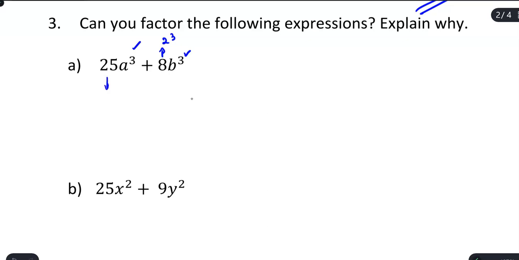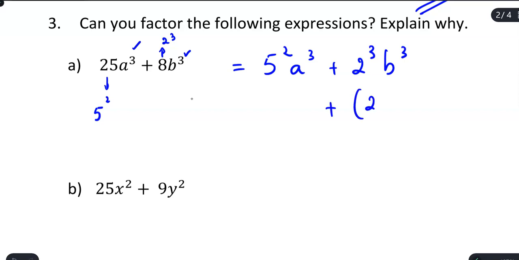But 25, I currently have that as 5 to the exponent 2. So I have it as 5²a³ + 2³b³. This I can turn into (2b)³, but what about this number? I cannot do anything with that.